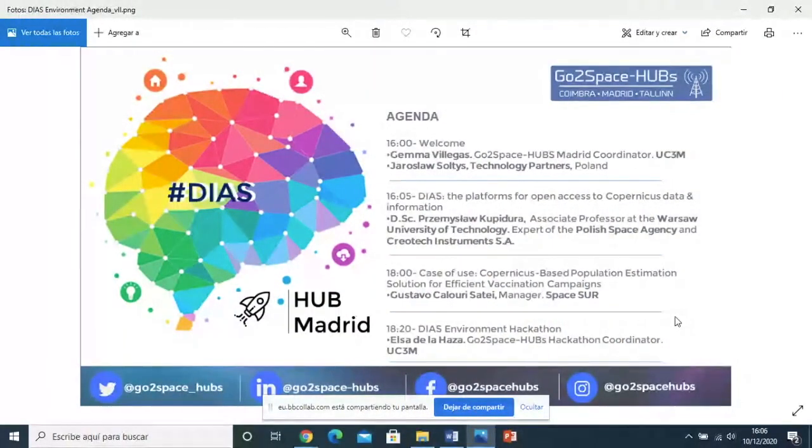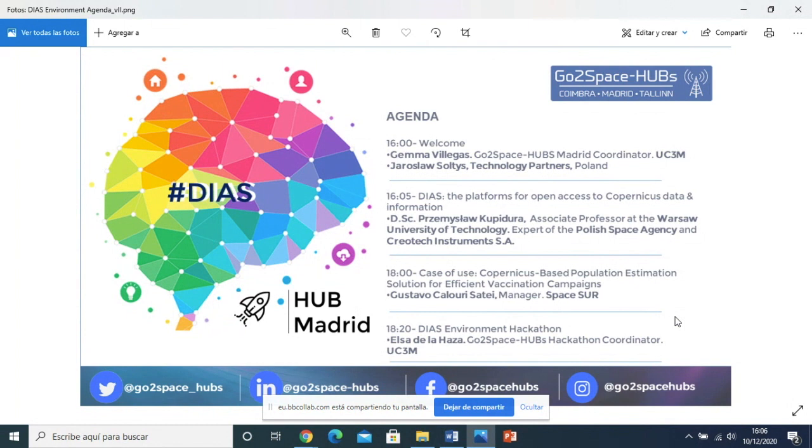Our agenda for this afternoon: Jarosław, a member of Technology Partners in Poland and the leader of this task in the GoToSpace Hub project, will welcome and introduce you to our key speaker, Professor Cupidura. Professor Cupidura will explain the DIAS platform and talk about open access to Copernicus data.